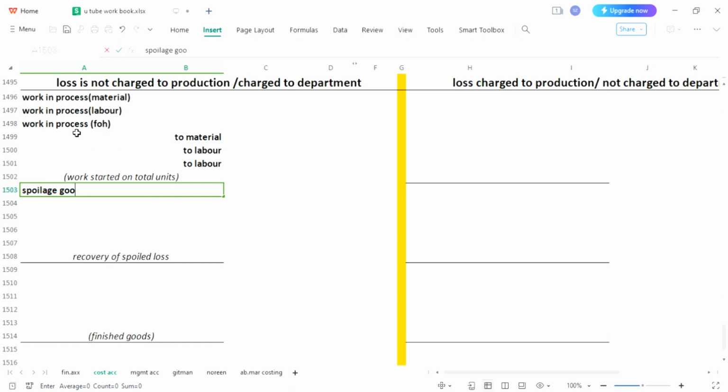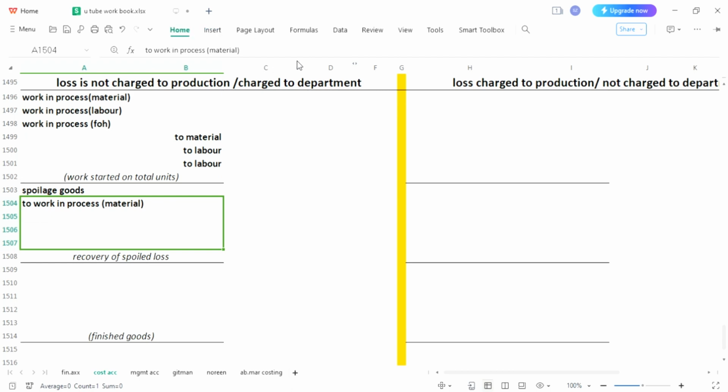and then you will see how much damage due to this spoilage had happened, and you will do work in process. You will write them on the credit side, material wasted. So let's settle them to the credit side, and due to the credit side they will be aligned at the right side of your journal entry.